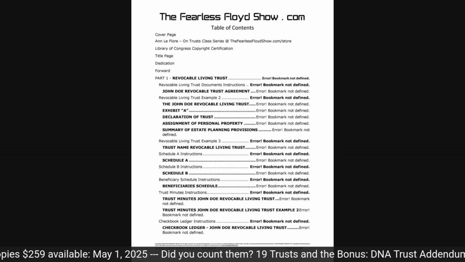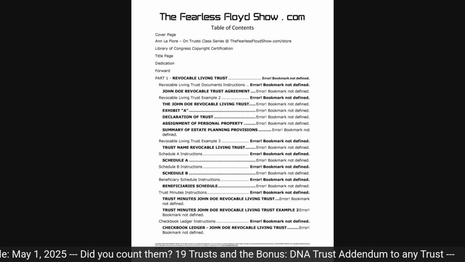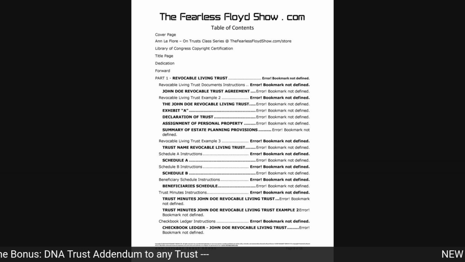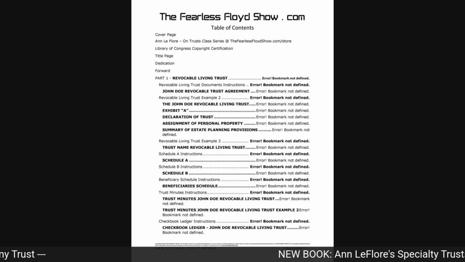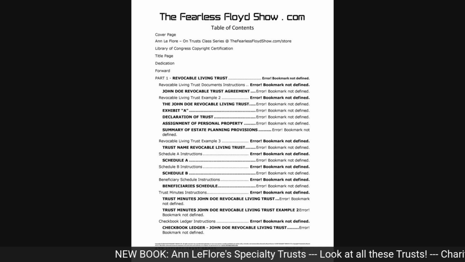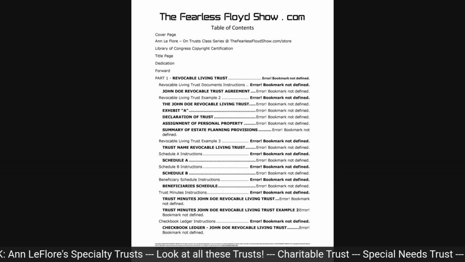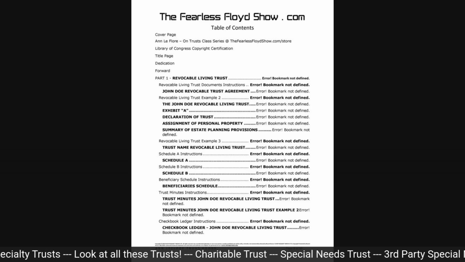Here is the table of contents. And as you see, part one is the revocable living trust. And don't ask me why all this stuff came up over here, but it did what it did.